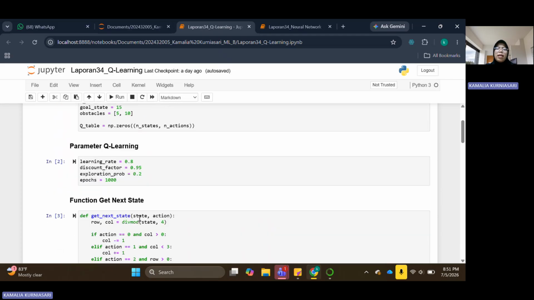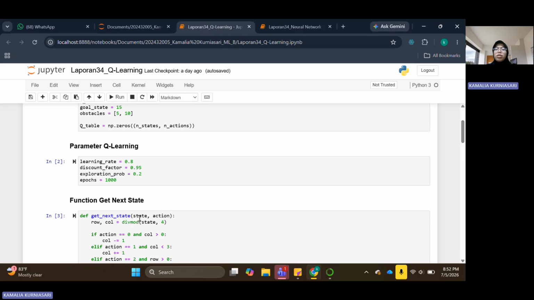And then the training process was repeated for 1000 epochs. At each epoch, first, the agent starts from a random state, and then the agent selects an action. The agent moves to the next state, and the agent receives a reward. And the last one, the Q table is updated.